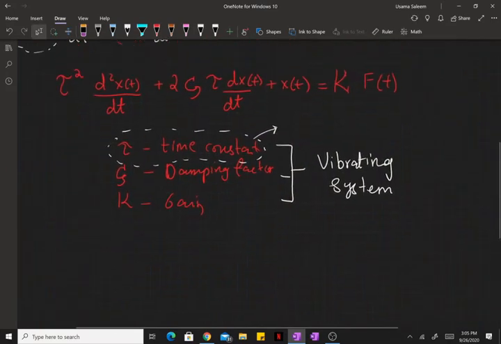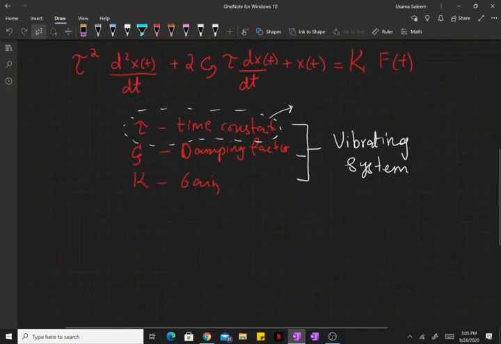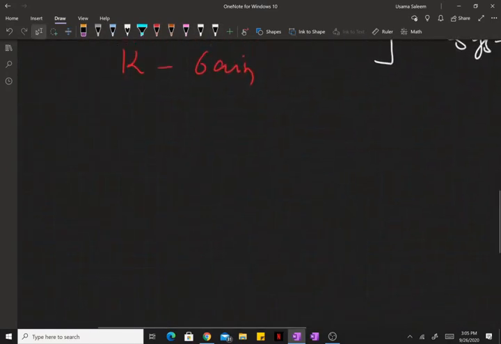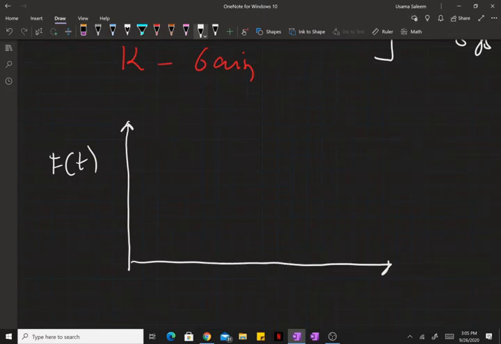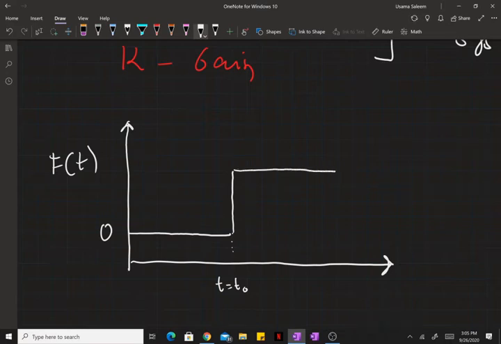And let's say, for example, we take a forcing function that represents a step response. So initially there was no force, and suddenly at t equals t naught, there was a sudden increase in the force.